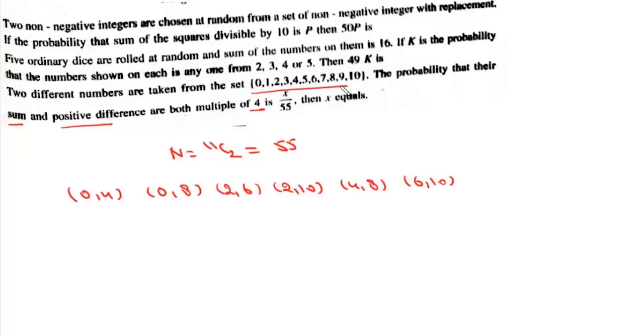And the same way, 9 minus 1 is, but 9 plus 1 is not. And if we look at 7 and 3, the sum is not a multiple of 4. 9 minus 3 is not a multiple of 4. 5 and 9, the sum is not a multiple of 4. So we do not have any option for odd numbers. So the required probability is 6 upon n, which is 6 by 55. So here the value of x is simply 6.